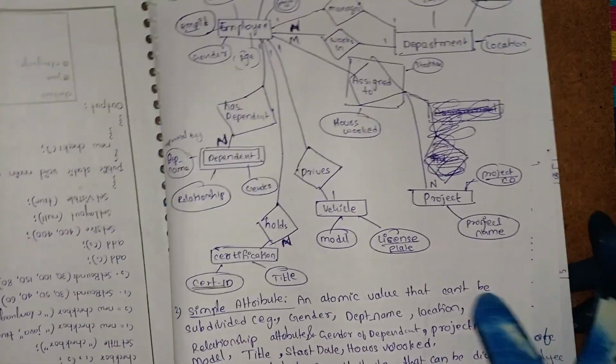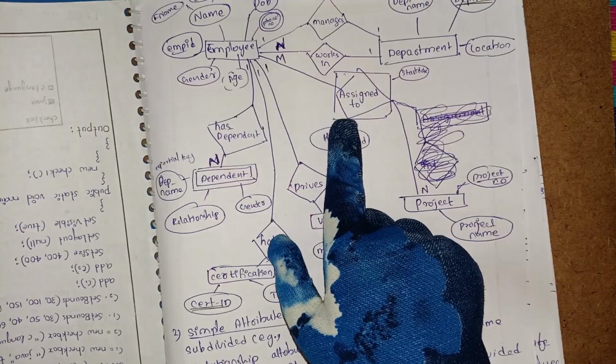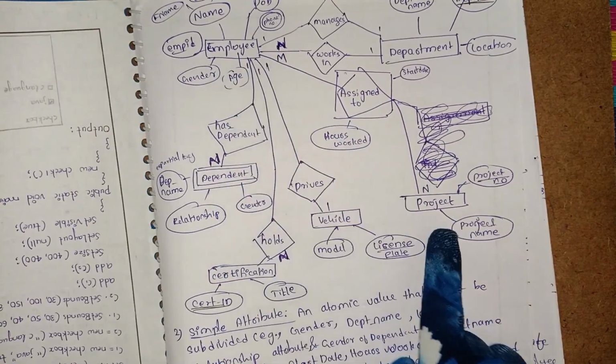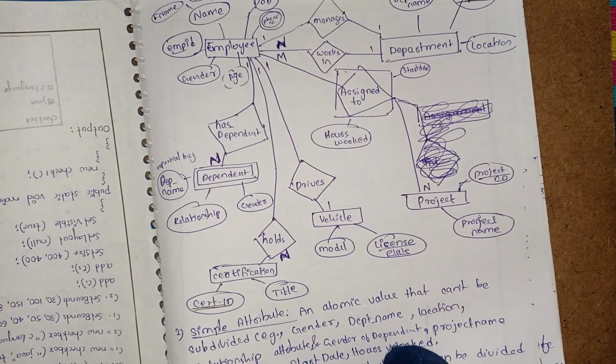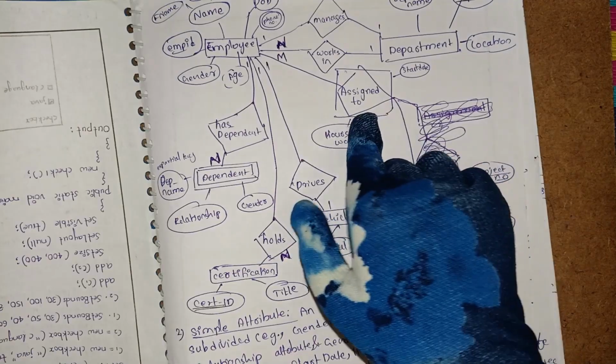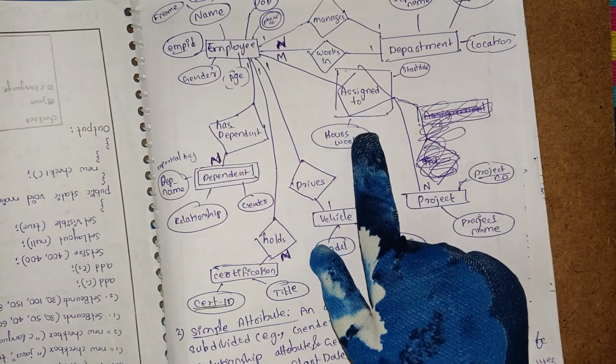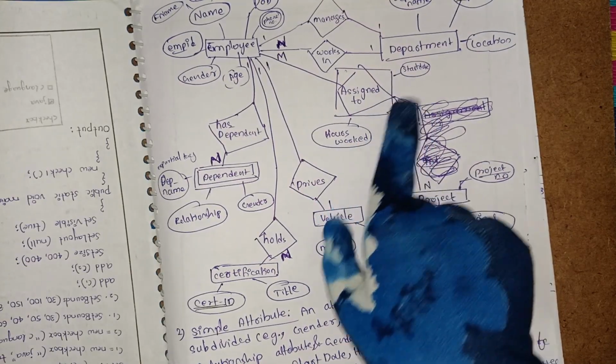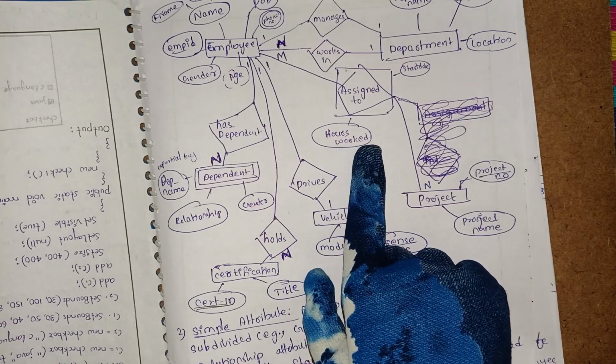Here we have an associative entity between employee and project, which holds the relationship as well as its own attributes, start date and hours worked.